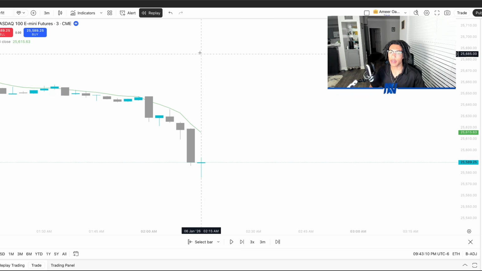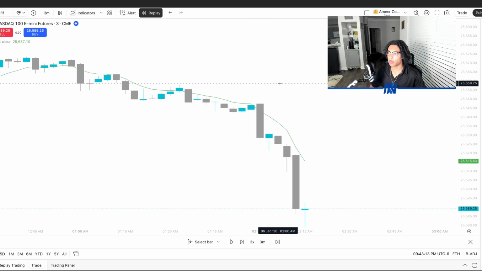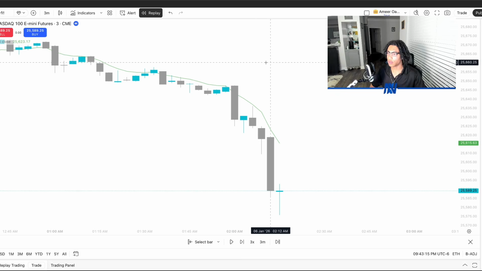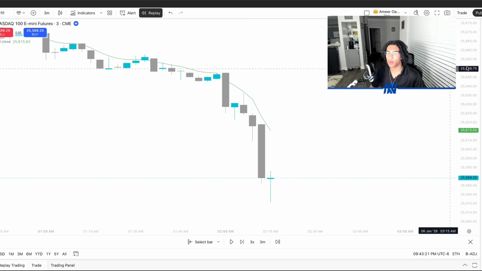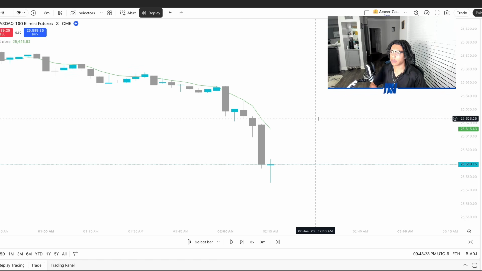But that is a very simple explanation as to how the strategy goes, because there is no complicated explanation to this. That's literally all you're doing with these trades. And that's why I say that this is easily the most underrated tool that you can be using in 2026, because there's a lot of strategies out there that are super complicated, where you need 10 steps to be met in order for you to actually get into any type of trade, where you're waiting a week or 2 weeks or a couple of days.